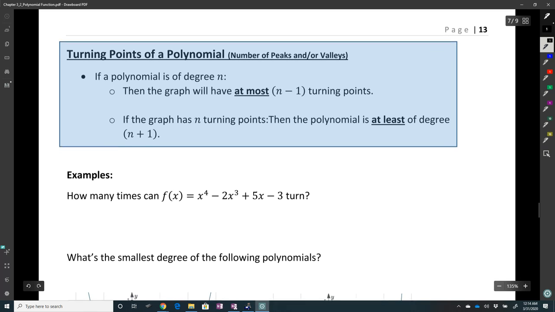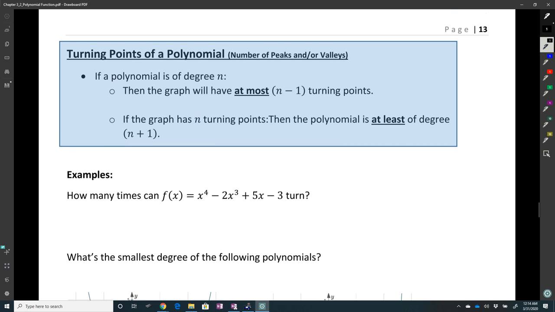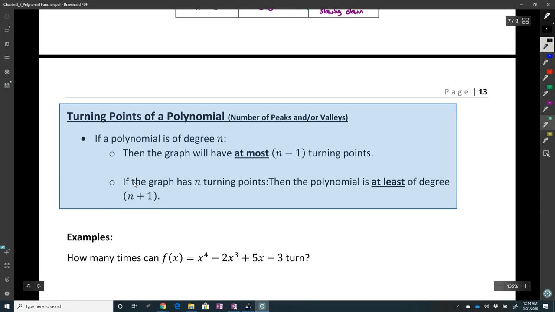But basically, if you're looking at a polynomial and the polynomial is degree n, then that tells you how many times it can churn. There's a limit to how many peaks and valleys it can have.